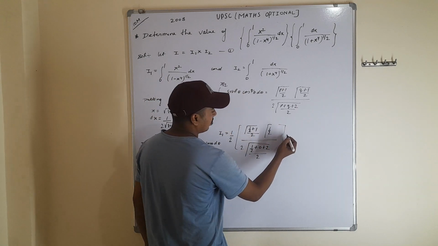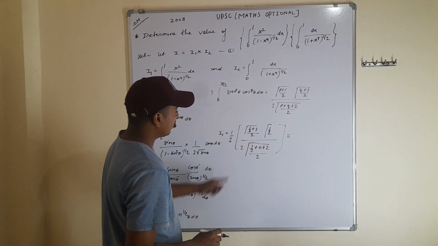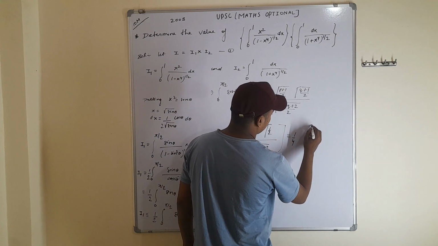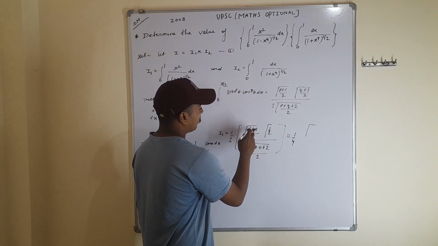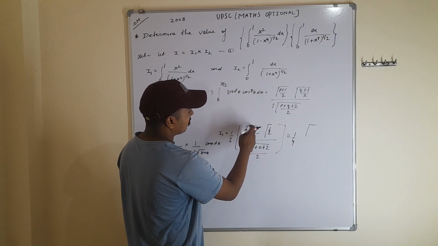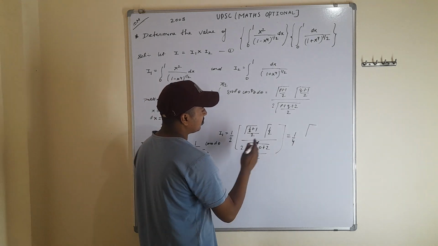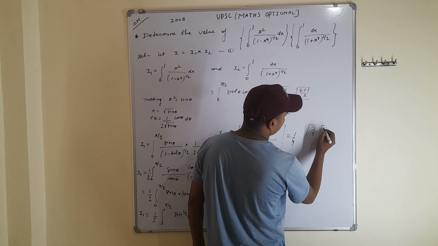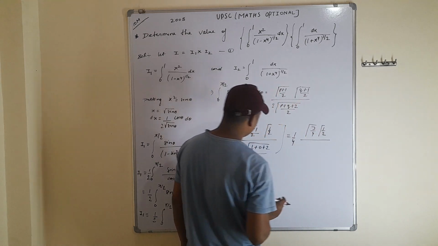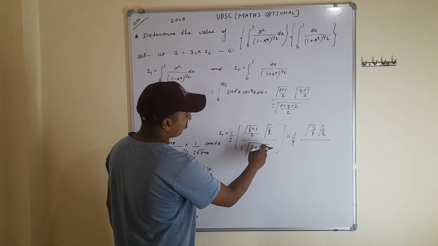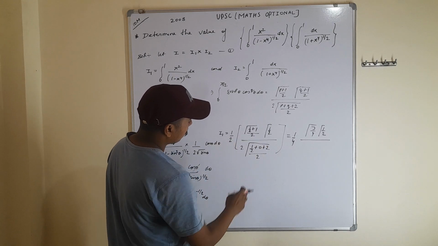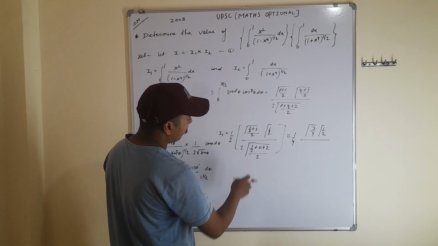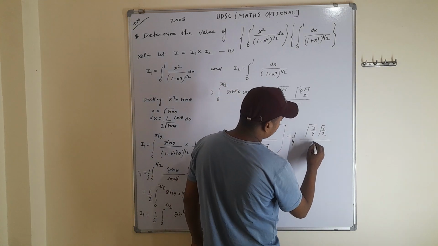We have to solve: 1 by 2 into 1 by 2 is 1 by 4, and gamma of (1 by 2 plus 1), that is 3 by 2, upon 2 is 3 by 4, into gamma 1 by 2, upon 2 gamma of (1 by 2 plus 2) by 2, that is 5 by 2 upon 2, which is gamma 5 by 4.